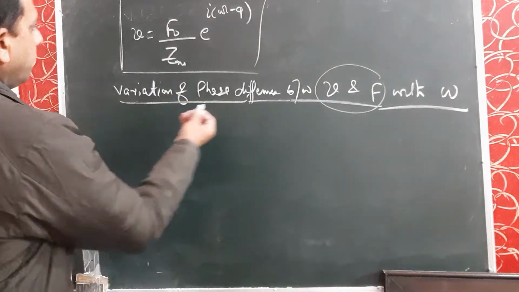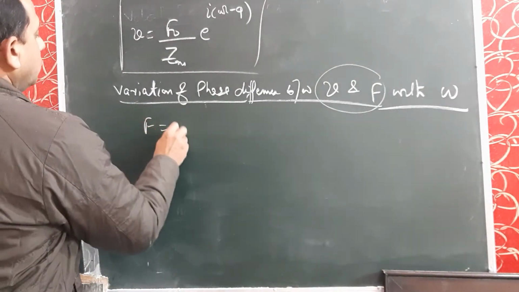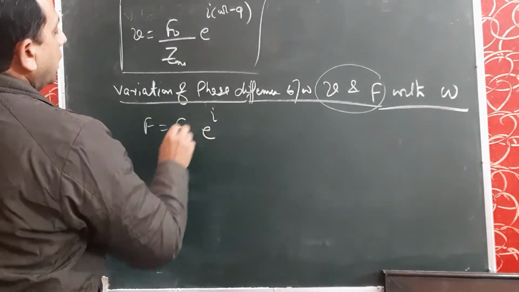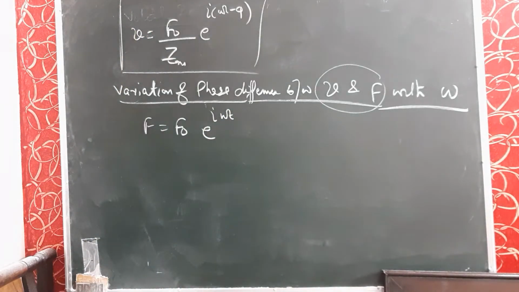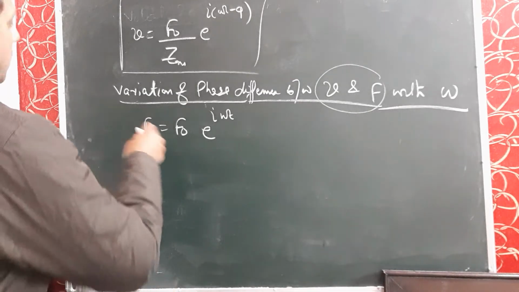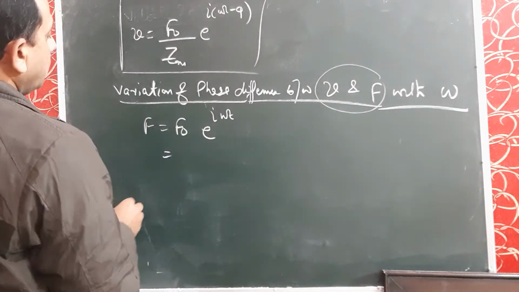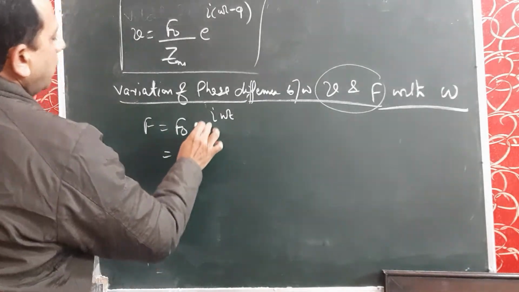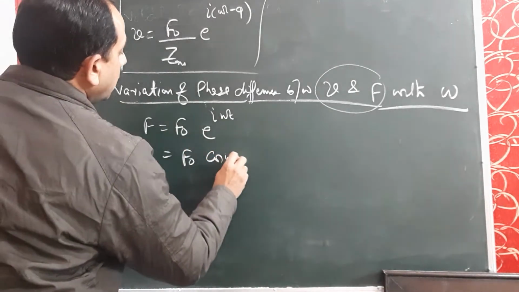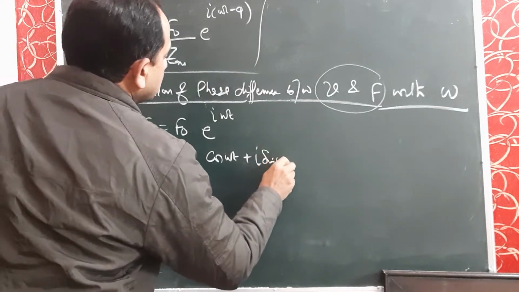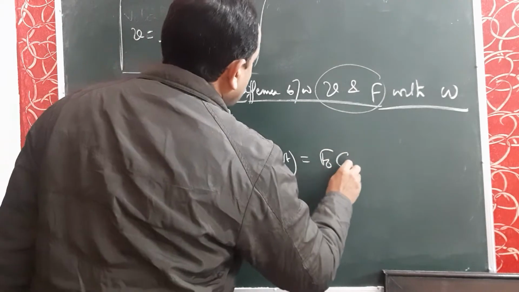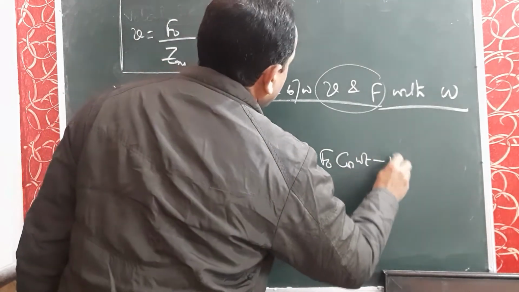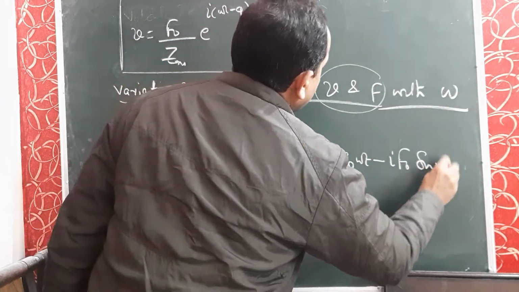We know that F is equal to F naught e power iota omega t, and we will split this force into two parts, that is e power iota theta means cos omega t plus iota sin omega t, or it is F naught cos omega t plus iota F naught sin omega t.